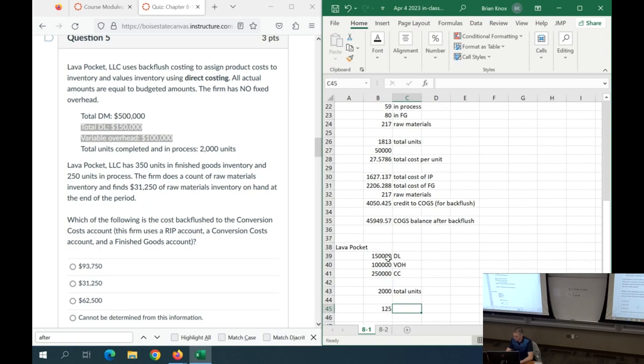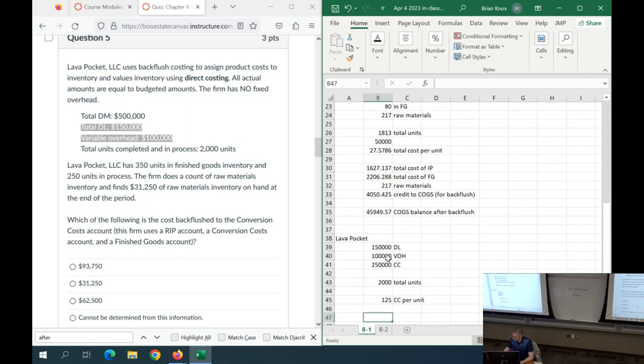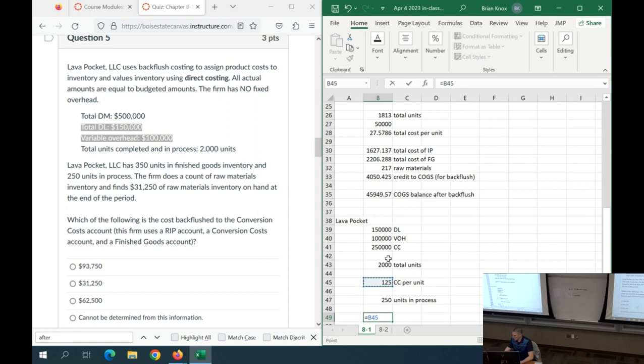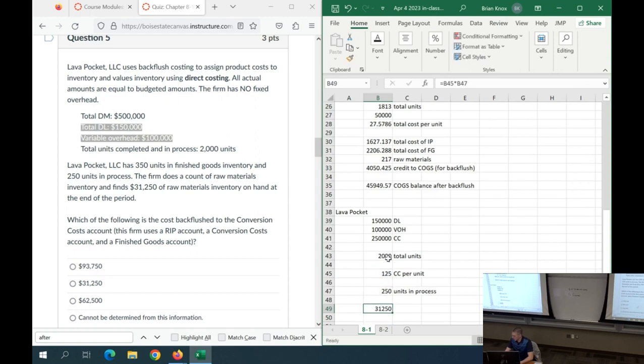Take some division. $125 is our conversion cost per unit. From the problem, we have 250 units in process. We can multiply that rate by the number of units in process, and we get 31,250 as the conversion cost of units in process. And so that's going to be the amount we backflush to the conversion cost inventory account.